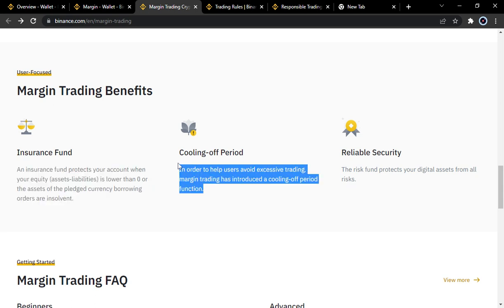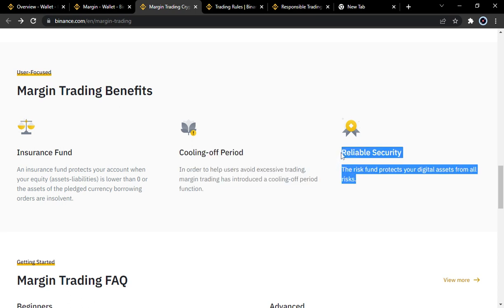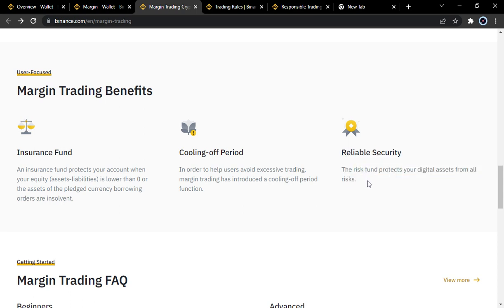There's also a cooling off period that is being placed on the Binance margin traders in order to help users avoid excessive trading. Margin trading has introduced a cooling off period function. So this is to prevent addiction and to prevent a spirit of gambling or a spirit of excessive trading.